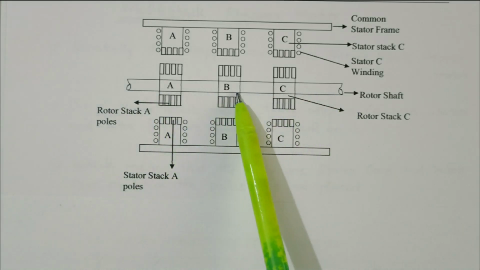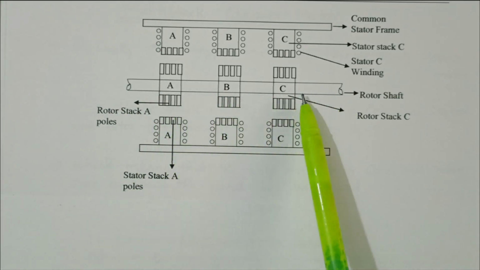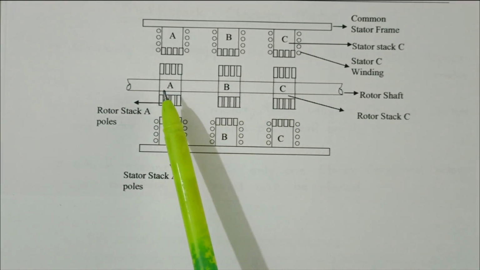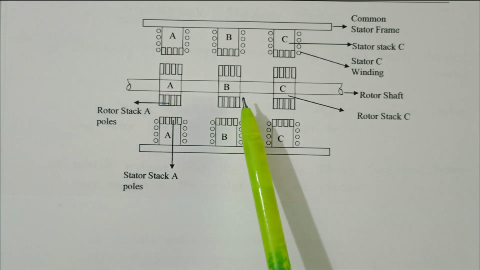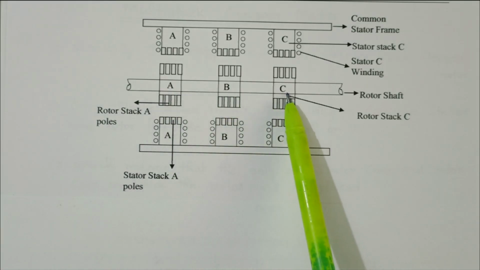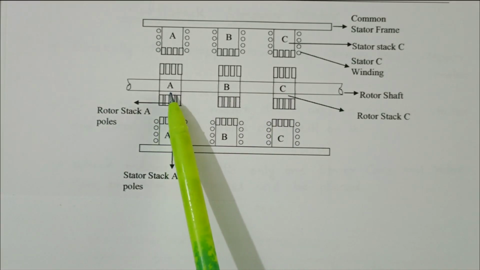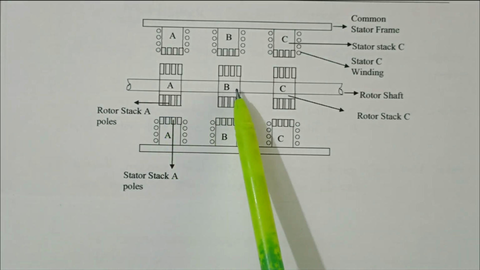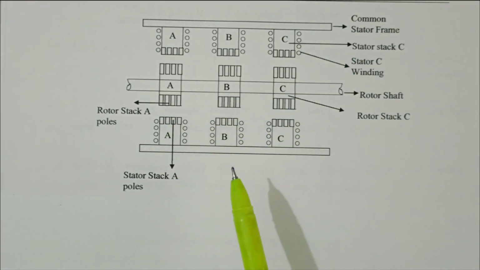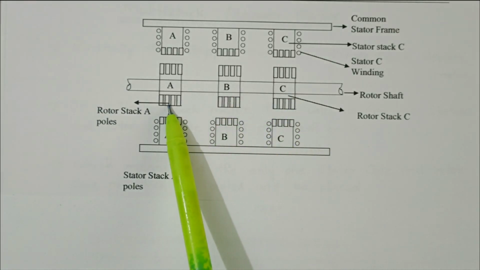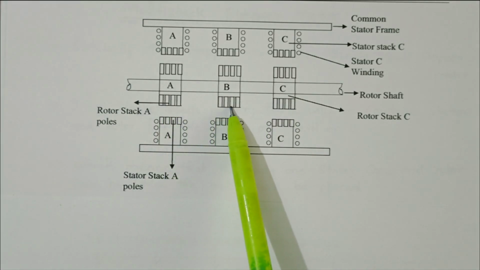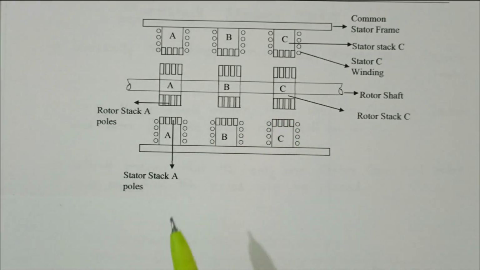In that 3 stacks are available. Rotor stack A, rotor stack B, rotor stack C. 3 different stacks are available. These are the rotor stack A poles, B poles, C poles.